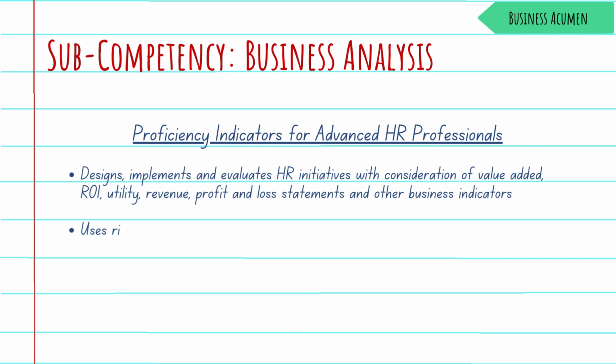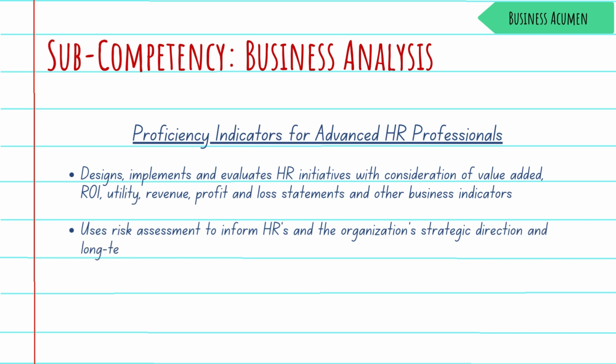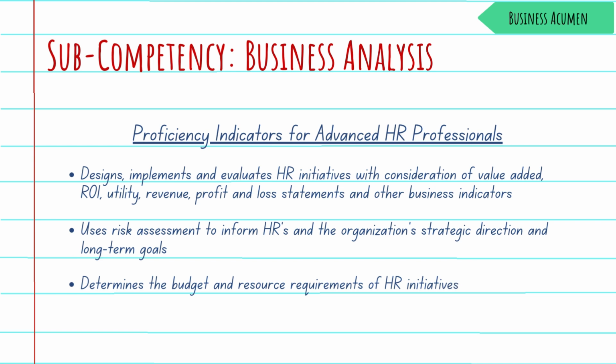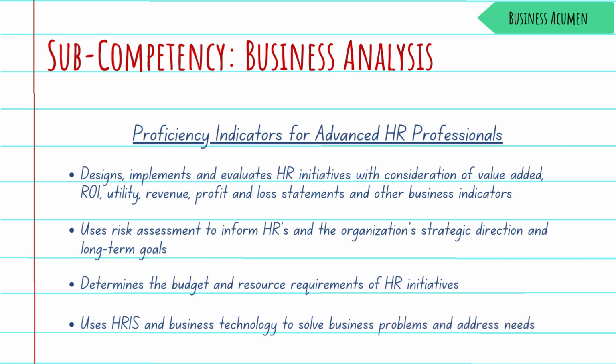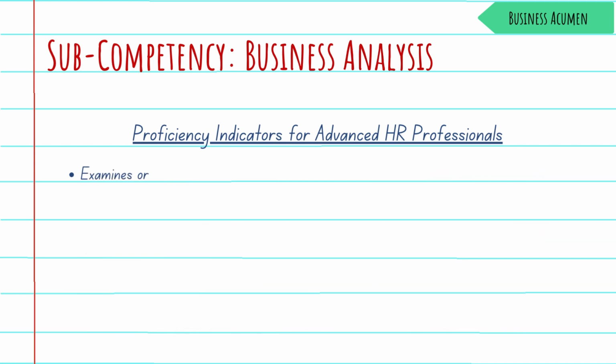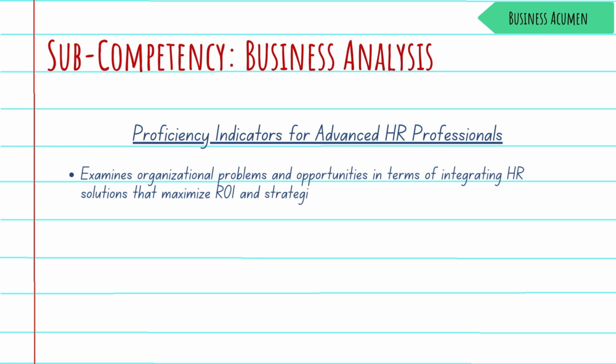Using risk assessment to inform HR's and the organization's strategic direction and long-term goals, determining the budget and resource requirements of HR initiatives, using HR information systems and business technology to solve business problems and address needs, and examining organizational problems and opportunities in terms of integrating HR solutions that maximize ROI and strategic effectiveness.